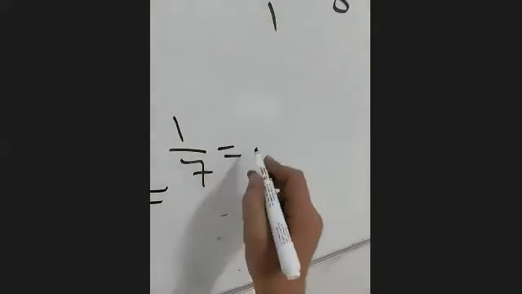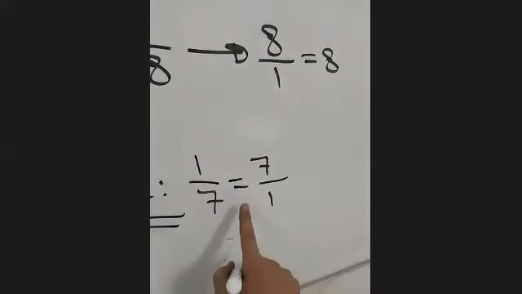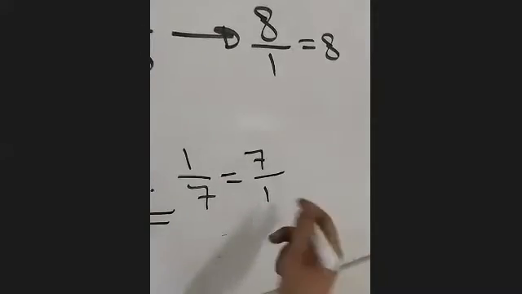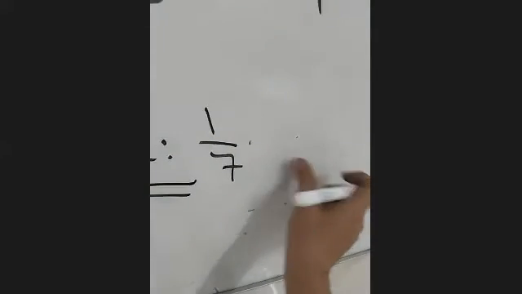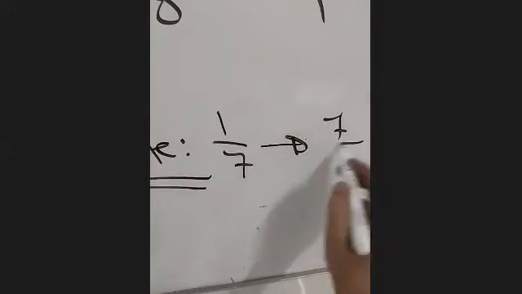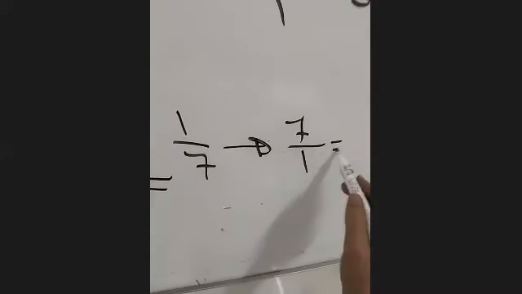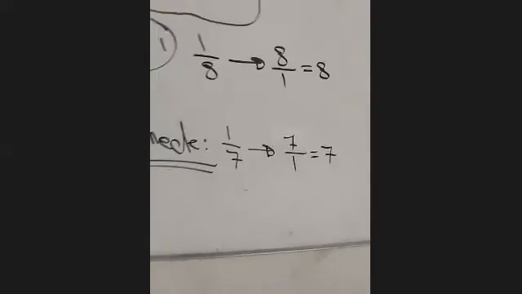So we don't put equal, 7 over 1, guys. This is wrong. They are not equal, so here we put an arrow, but not equal. 1 over 7 goes to 7 over 1, its reciprocal. And 7 over 1 is what? 7.